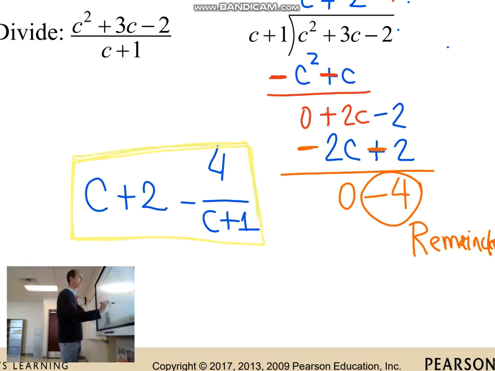Okay, another long division that we performed. We followed this step by step and we found the answer.